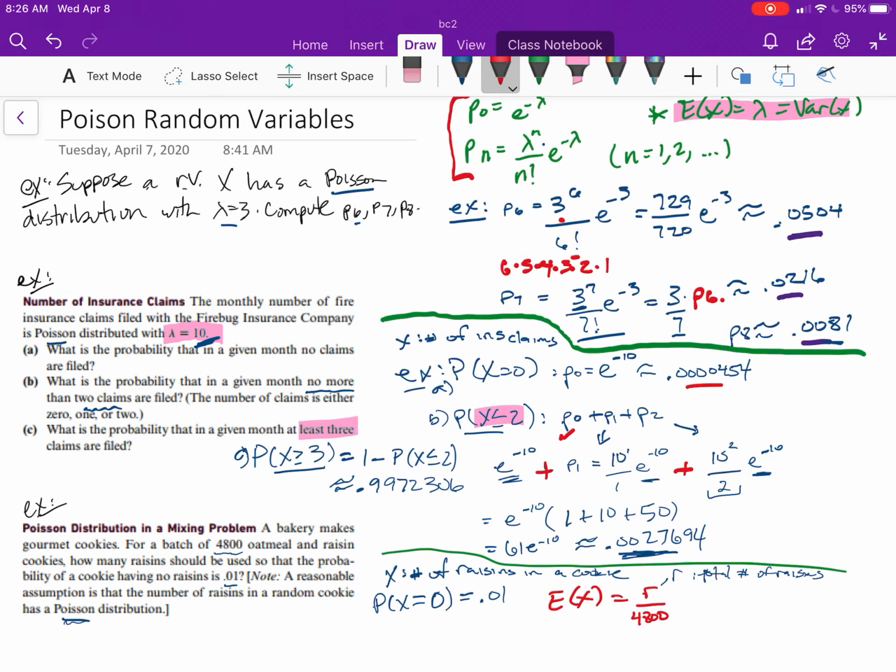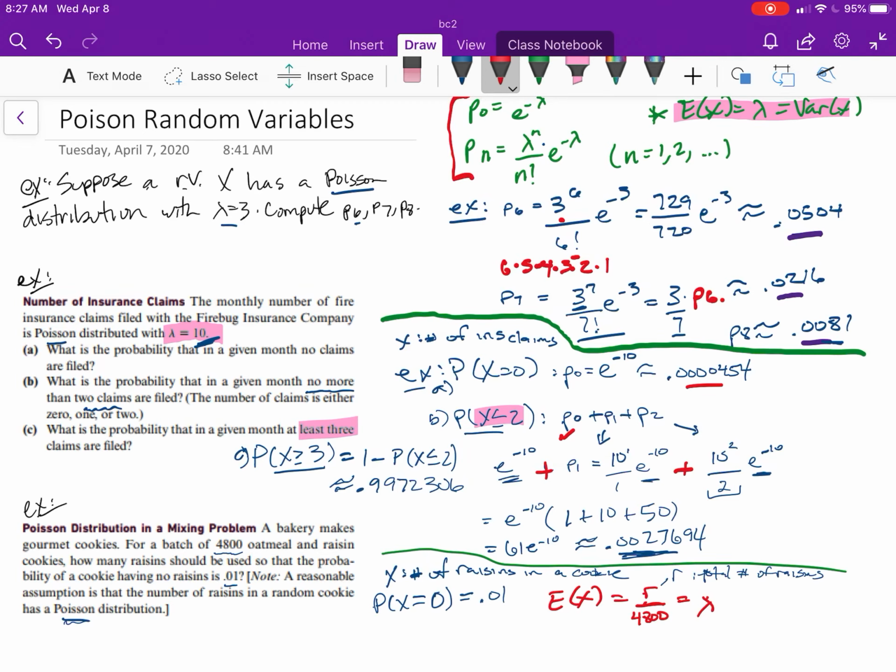So on average, I would have however many raisins I use divided by 4,800 cookies. Now, I don't know what that is because I don't know the number of raisins, but that's lambda, right? That's my average. It's my expected value. Of course, not every cookie will get the same exact number unless someone's sitting there putting however many raisins in each one.